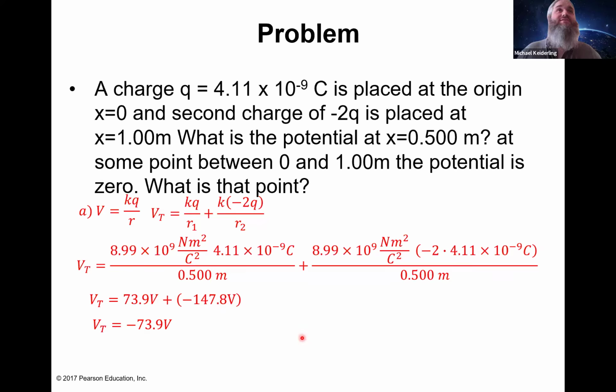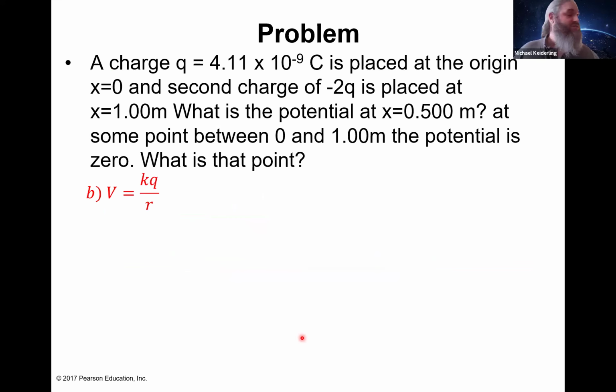Now, to find the point where the potential is 0, if you're at some point x in between 0 and 1 meter, radius 1 is going to be x, and radius 2 is going to be 1 minus x.